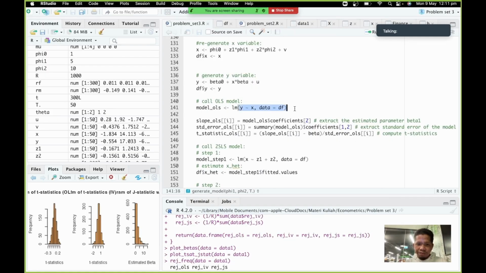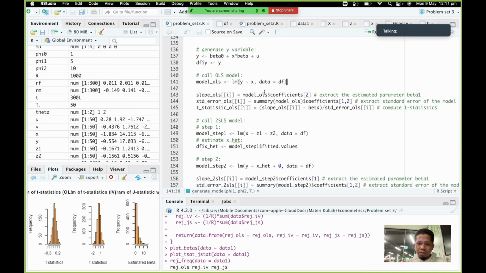In here, first we define the OLS model, which takes the first equation, and then all of the coefficients that we have got we put into the vector that we have defined before.